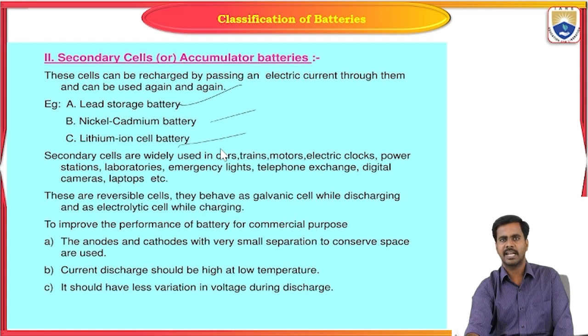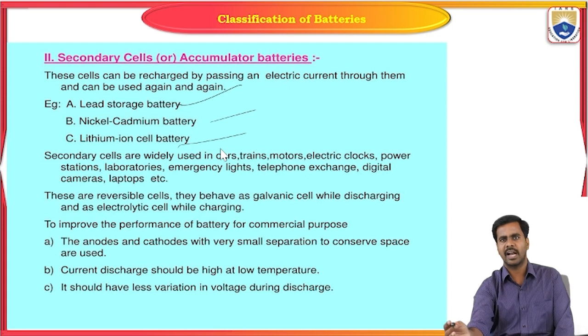When a secondary battery acts as an electrochemical cell, it will produce electrical energy. Whereas when a secondary battery acts as an electrolytic cell, it will produce chemical energy.